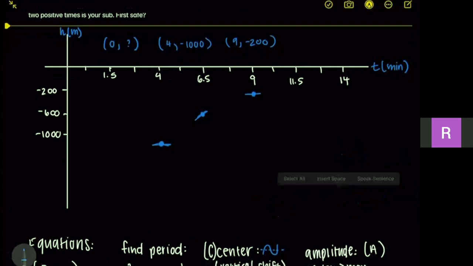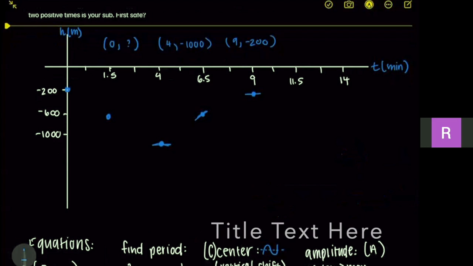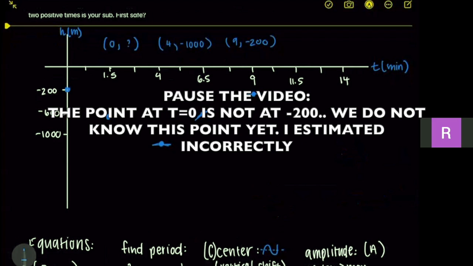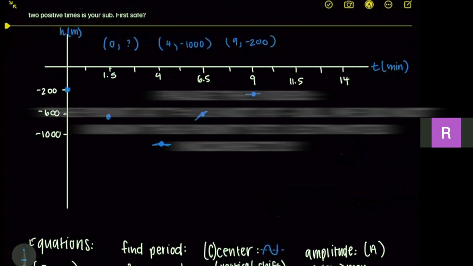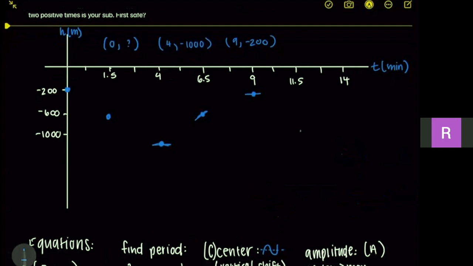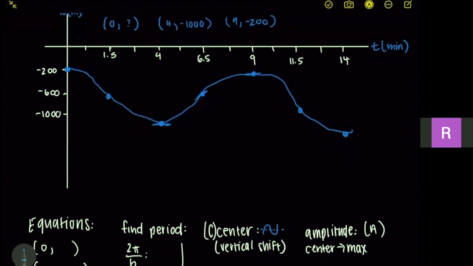We're now going to be able to make the same point at 1.5 at -600, and then the same point at 0 for -200, and then the same point at 11.5 at -600, and so on, at 14 for -1,000. So we can now draw out this graph. I'm going to do my best here. So generally, this is our graph.